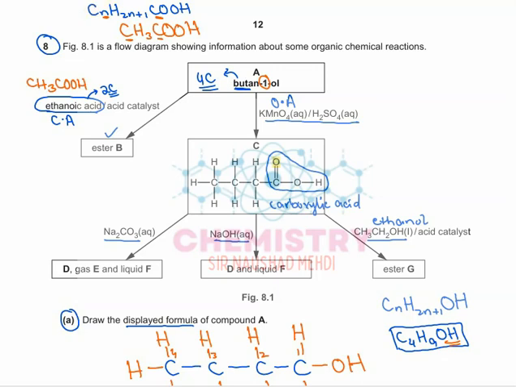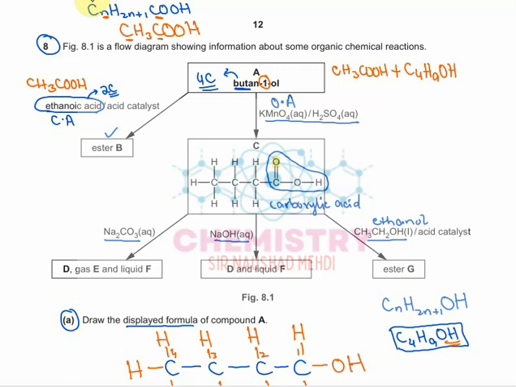Now you have to react this ethanoic acid with the butanol. Ethanoic acid is CH3COOH, as we have just suggested, and the butanol formula I have already written is C4H9OH.